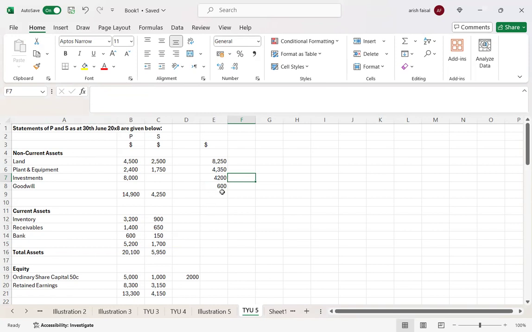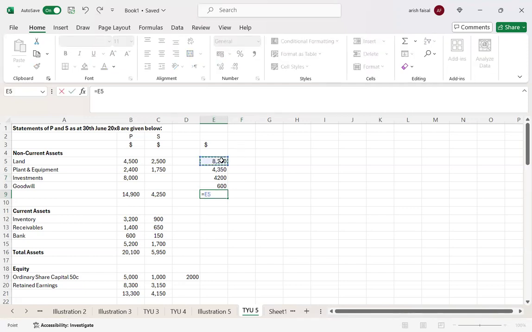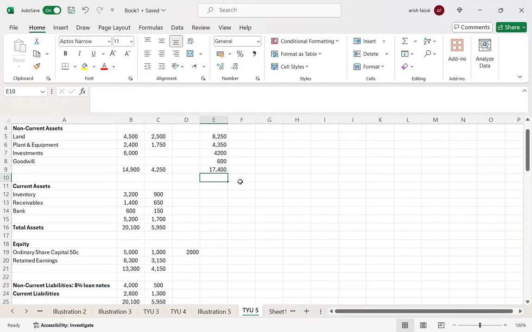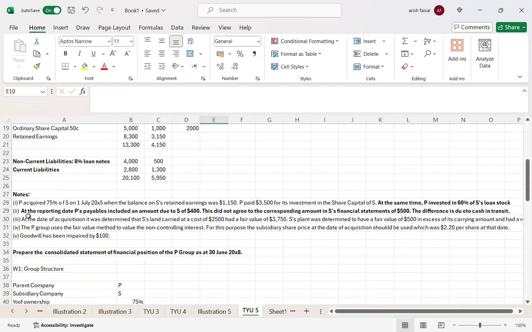And then you have a goodwill over here of 600. Okay, so in this case, the total non-current assets turns out to be 17,400.